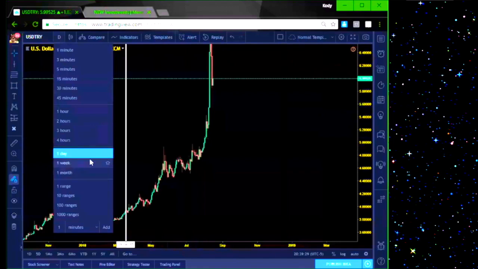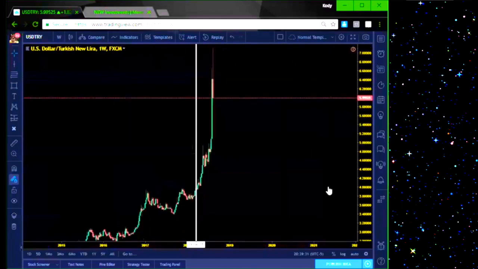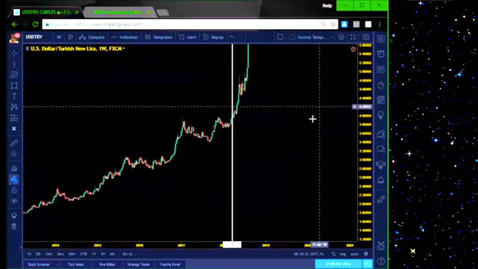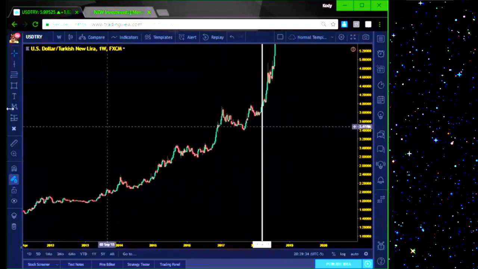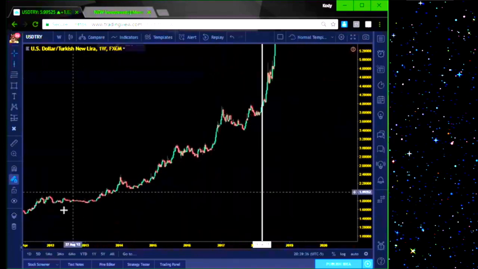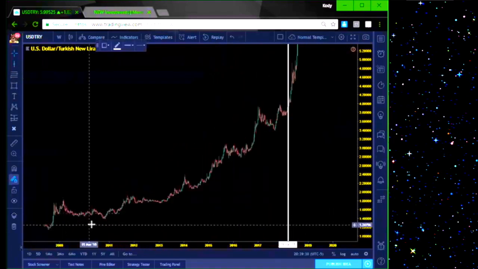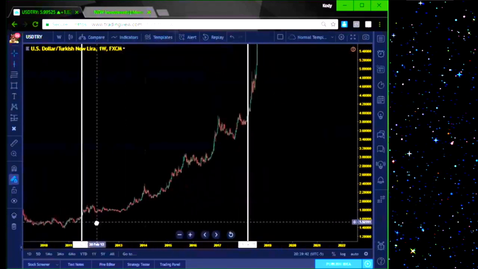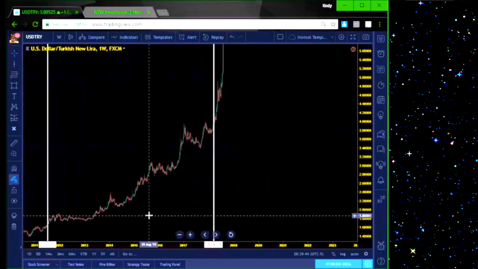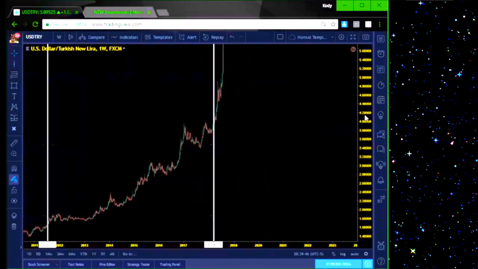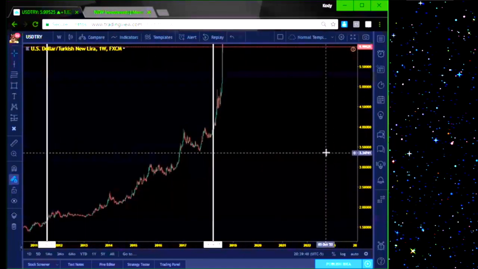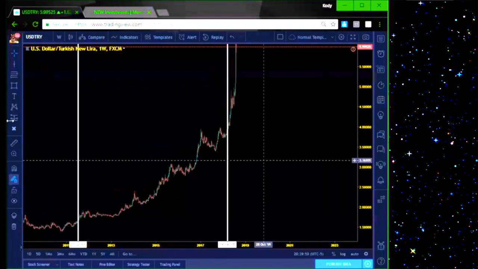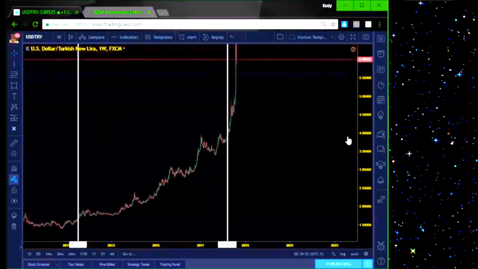Even if you go on the weekly time frame, guys, look at this. This thing has been bullish since the dawn of time. It's been bullish since right here on the weekly. There's a lot of money to be made on this pair.